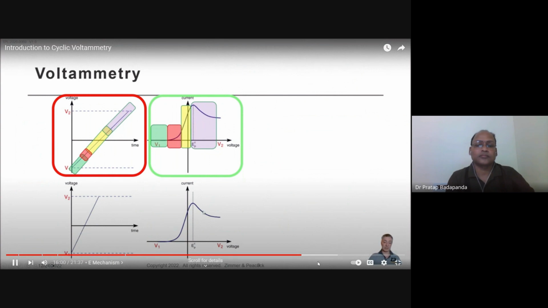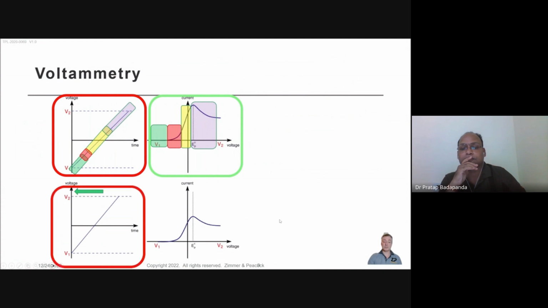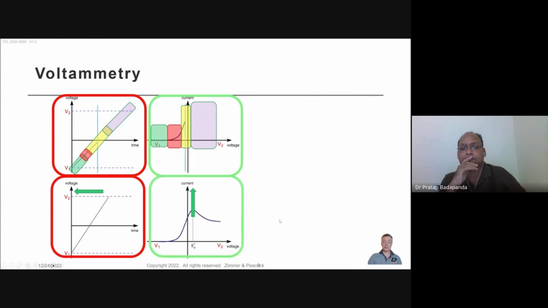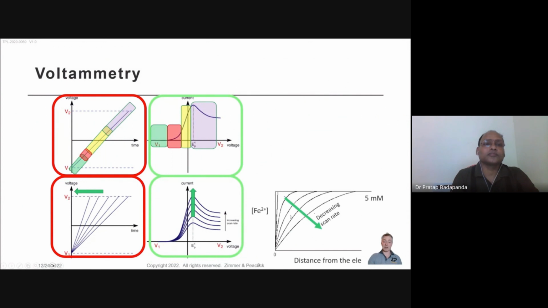And this comes from Fick's law. I'm going to describe this not mathematically, but with models and animation. So what I'm saying is, the less time it takes to go from V1 to V2, the higher this peak current. And I know that if you're following textbooks or doing lectures on this, this is something that you're taught, but I'm going to try and actually explain it a bit more here.